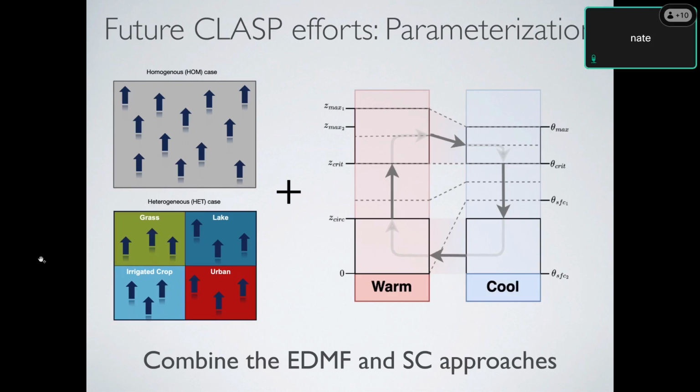One of the things that we're interested in is combining this two-column model approach that Tyler developed with the EDMF multi-plume approach. You can think about how you parameterize these plumes, these interactions between the plumes in the EDMF, as a way to capture these secondary circulations. There seems to be promise there as a way to move forward, and so that is something that we want to explore. Next.